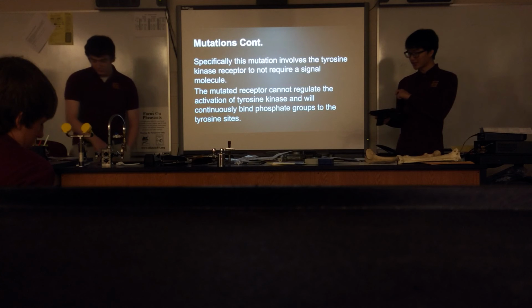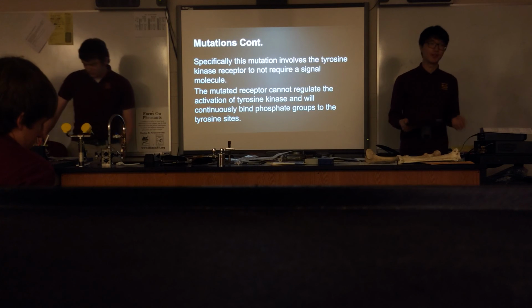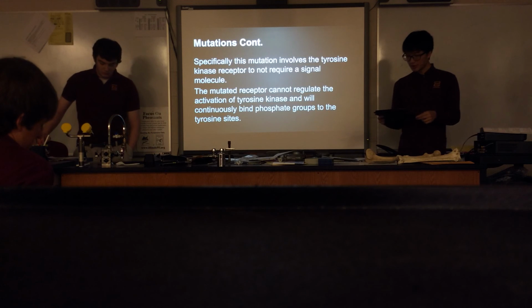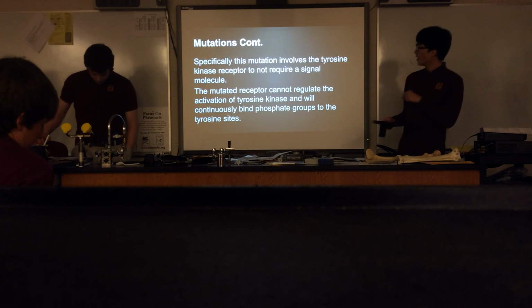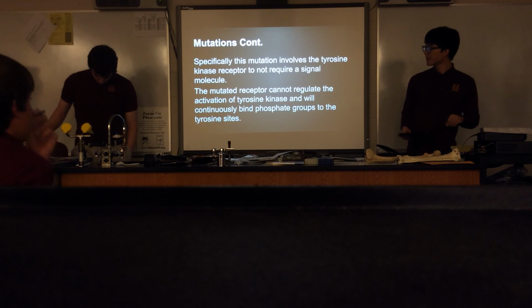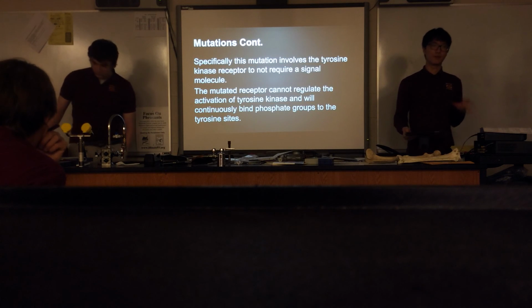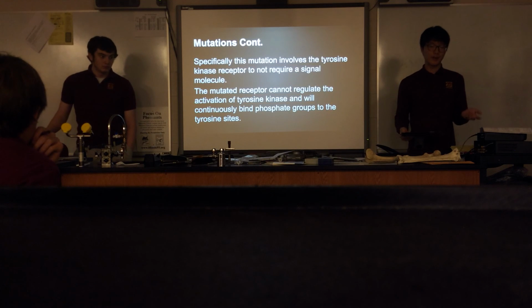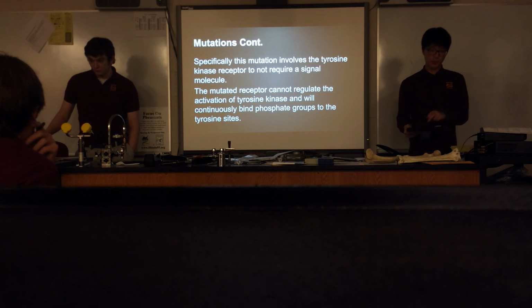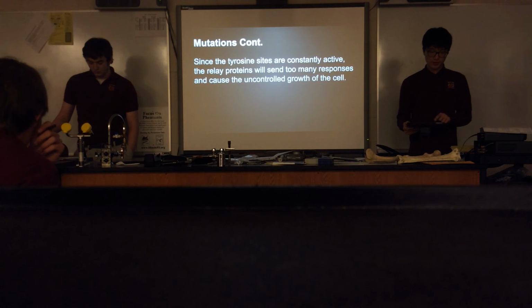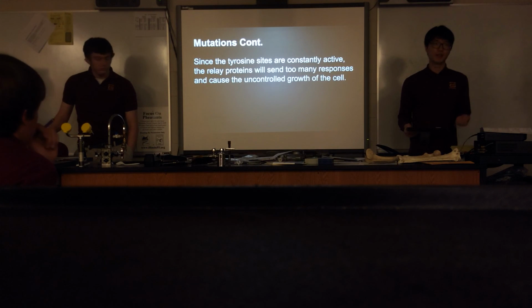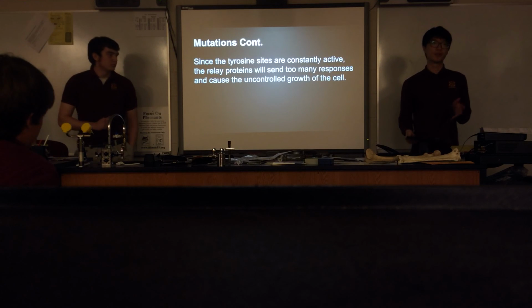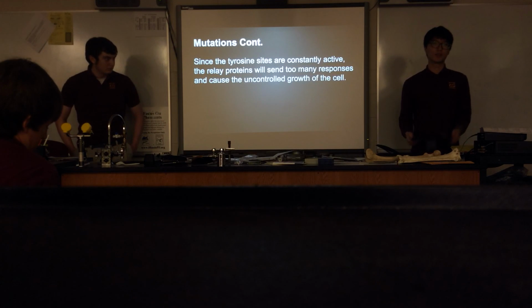This mutation does not require the signal molecules to activate it. So this mutation causes the tyrosine kinase to form phosphate continuously, and the phosphate attaches to the relay proteins, and it cannot regulate the growth of the cell, so it keeps growing continuously.